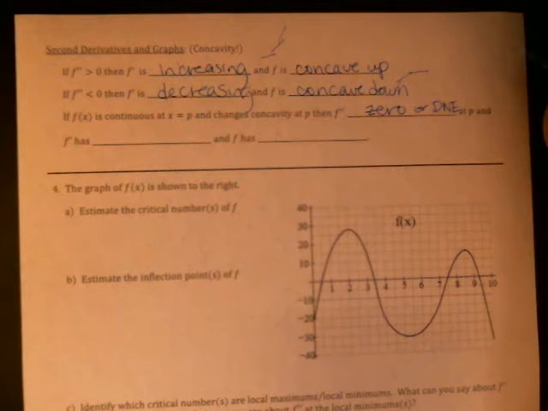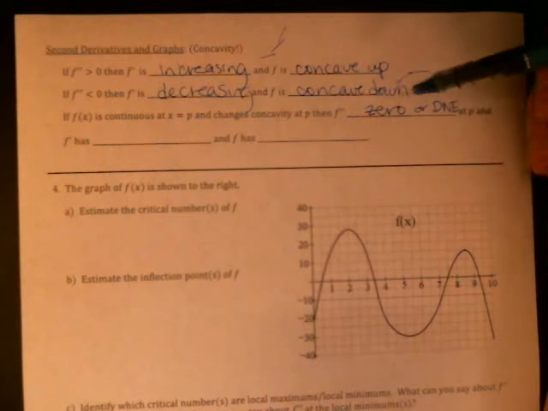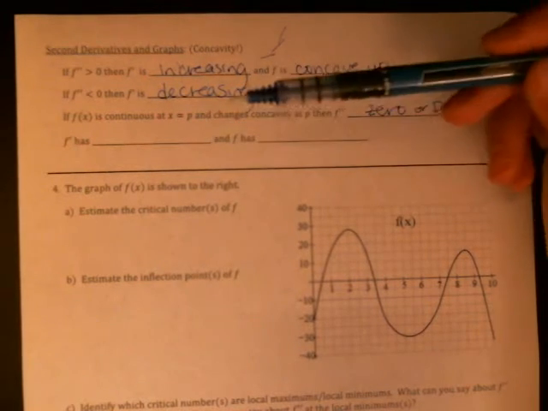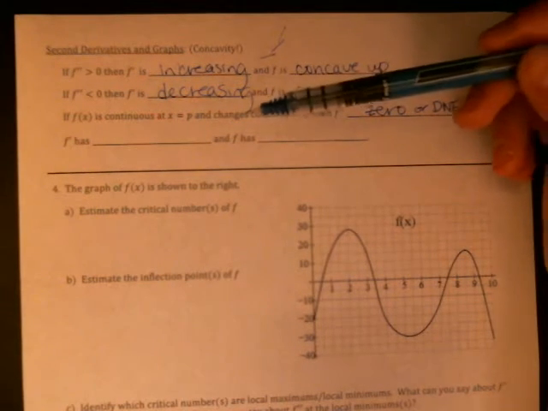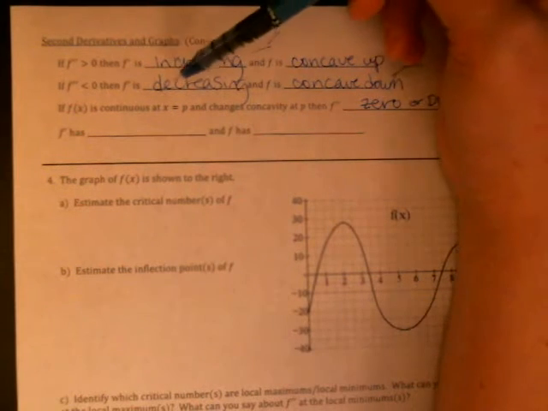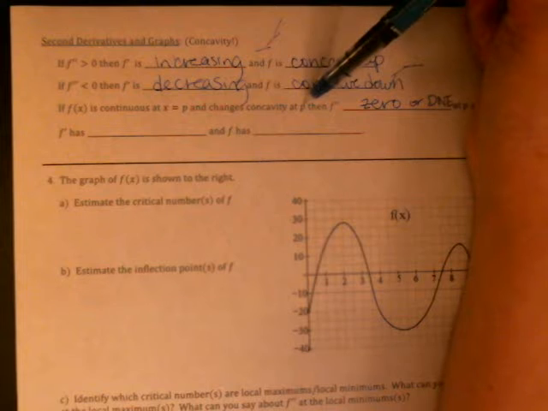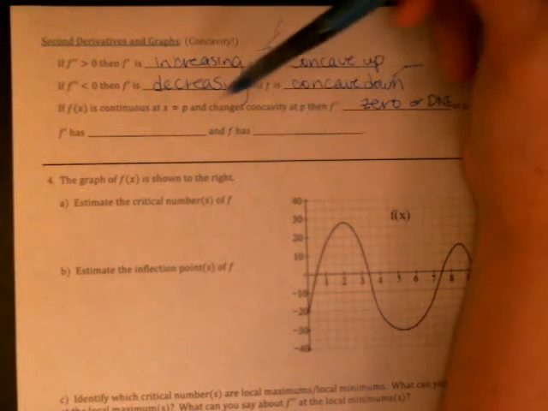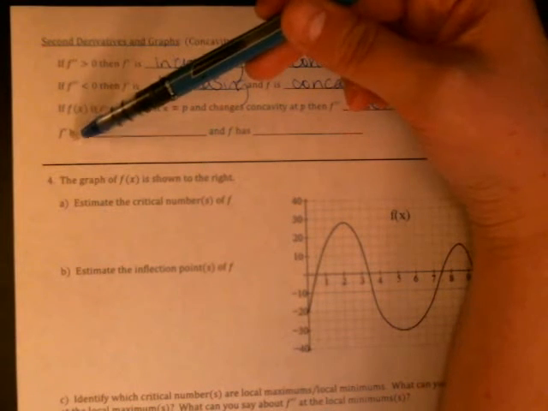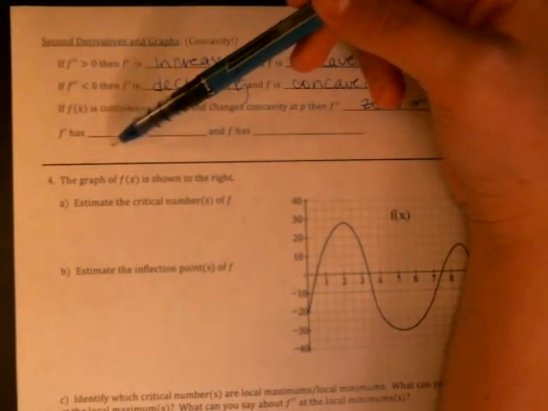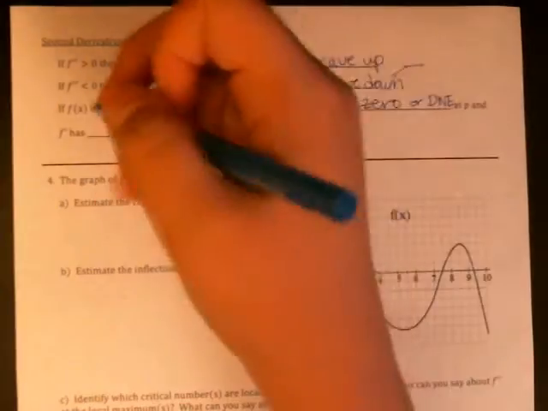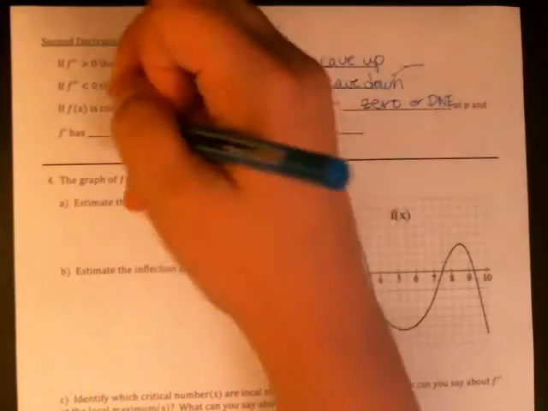And f prime, so if the second derivative is 0, that means f prime has a flat spot, and in particular, we're saying f double prime changes concavity, so it either goes positive, negative, or negative, positive, which means f prime was either increasing then decreasing or decreasing and then increasing. So this is actually really interesting.